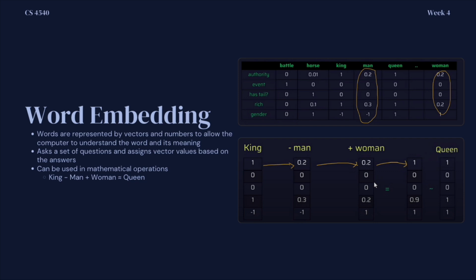In the example images on the right, we can see that a group of words is defined in the table at the top, along with their vector values. We can use those values to take an equation, such as king minus man plus woman, and we can see that the resulting values of that equation will be similar or equal to the vector values that represent the word queen.